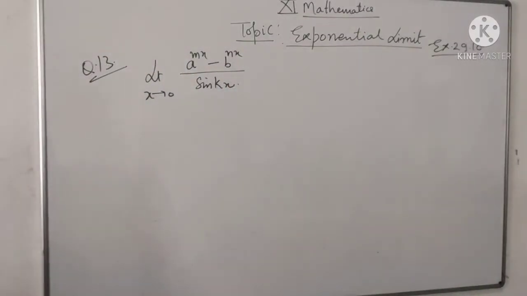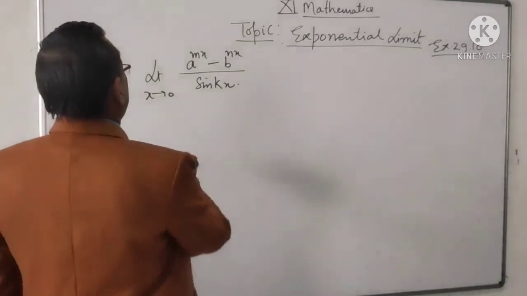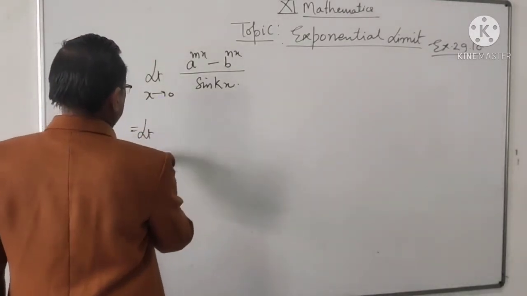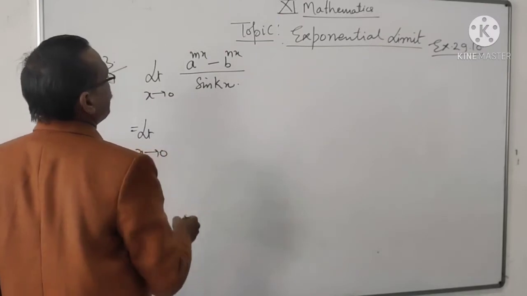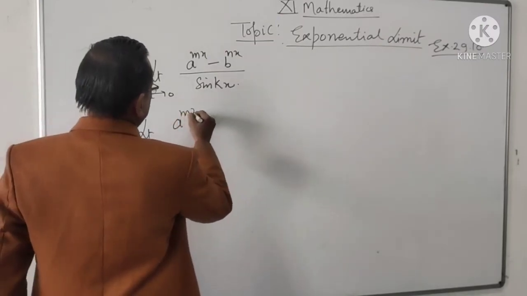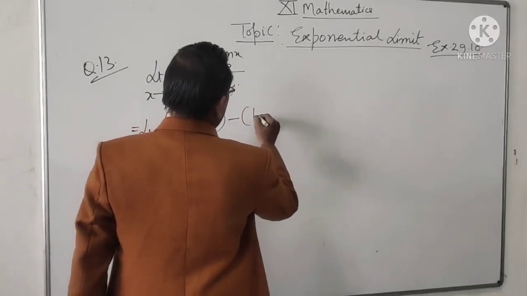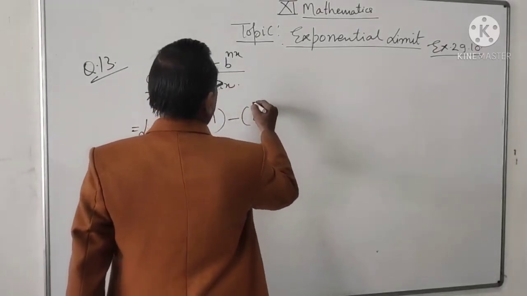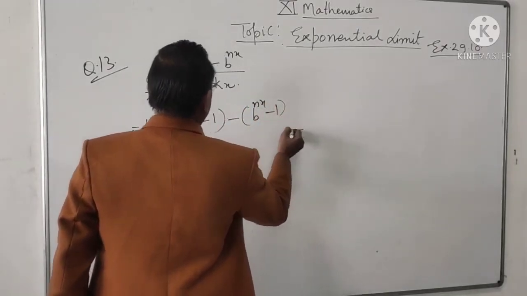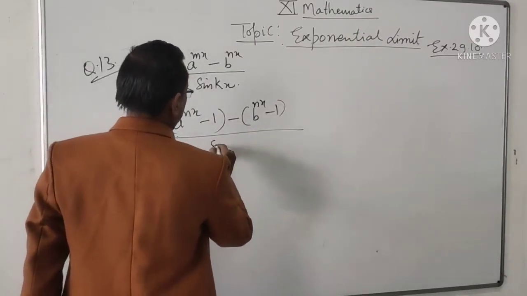So we will write limit x tends to 0, a power mx minus 1, take minus sign common, b power nx minus 1, upon sin of kx.